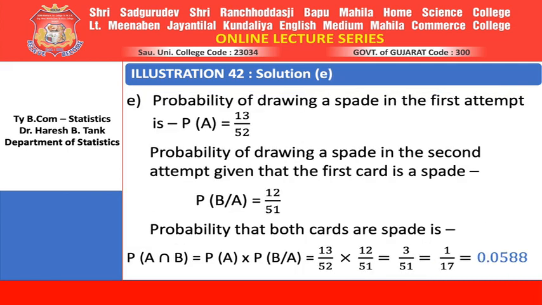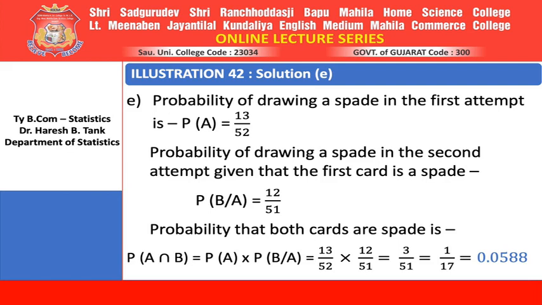Next is probability of drawing a spade in the first attempt. How many spade cards are there? There are 13 spade cards. So probability of A becomes 13 upon 52. Probability of drawing a spade in the second attempt. How many spade cards are left now? There are 12. How many total number of cards left? There are 51. So it becomes 12 by 51. Probability that both the cards are spades is nothing but intersection.